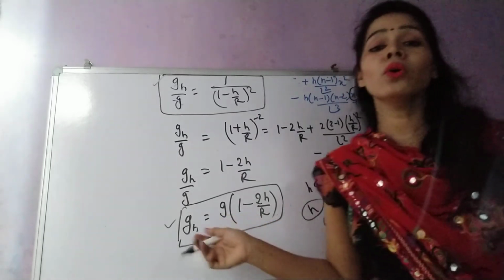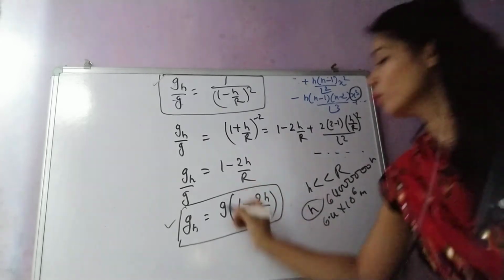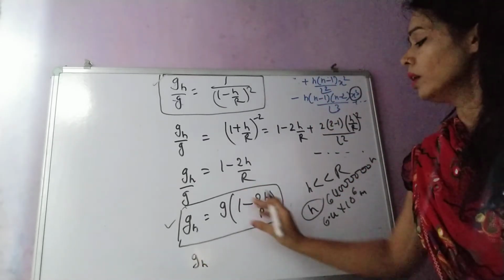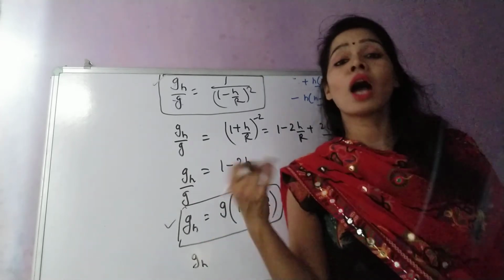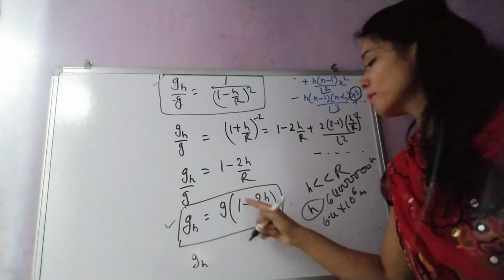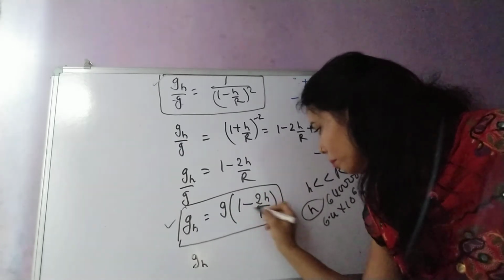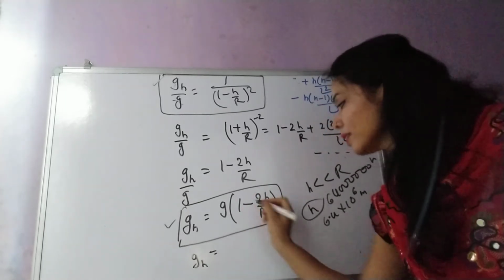Now one more important conclusion comes from this formula. Look at the expression: gravitational acceleration at a certain height will be less than the gravitational acceleration at the Earth's surface. How? That I am going to explain. See, 1 minus 2h upon r definitely will be a quantity less than 1.